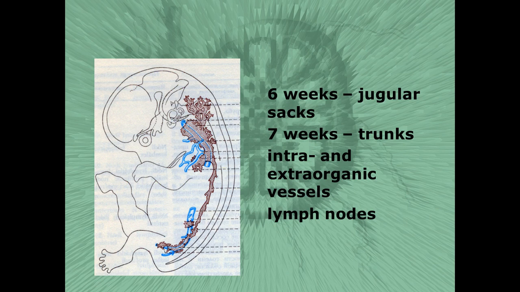These lymphatic sacs will give rise in future to the thoracic duct and also to the lumbar trunks. Approximately from the 7th week of embryonic life, the lymphatic trunks and intra- and extraorganic lymphatic vessels start to develop. Then the lymph nodes are formed, and finally the connection between the lymphatic and venous systems will be formed.